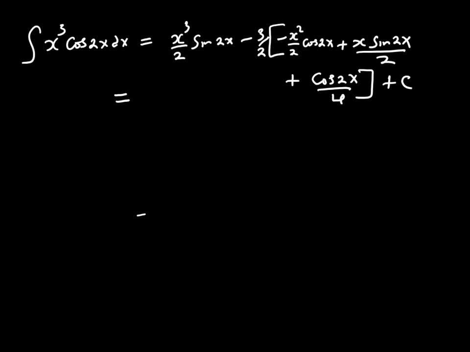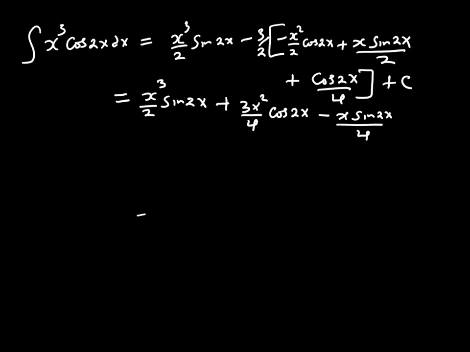So this is going to be x cubed over 2 sine of 2x, okay, plus 3x squared over 4 cosine of 2x, okay, minus x sine 2x over 4, okay, I think that's going to be 3x sine 2x over 4, then minus 3 cos 2x over 8, then plus a constant of integration, okay, and that's what we are having.